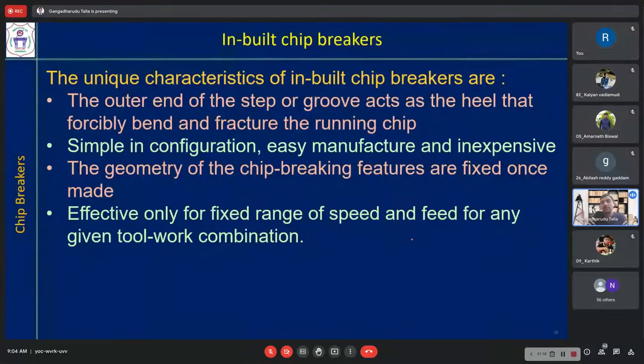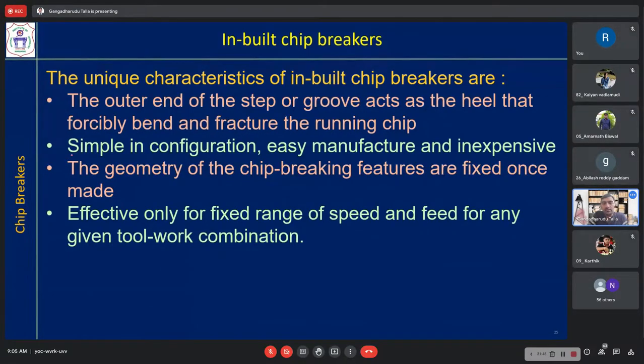Outer end means the end which is away from the cutting zone. So one end is in contact with the workpiece, the other end is not directly in contact with the workpiece. It will come in contact with the chip. Whenever the chip hits the heel portion of the chip breaker, it will try to curl, and it will bend and break.